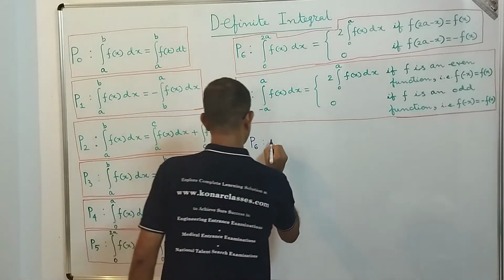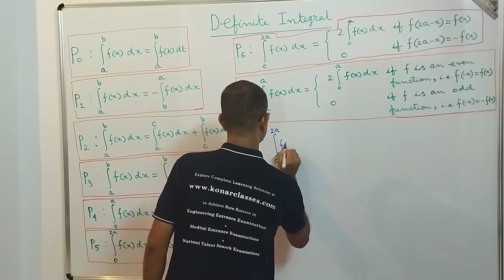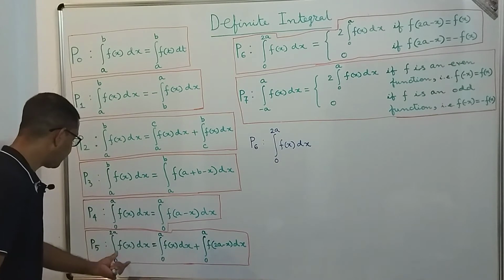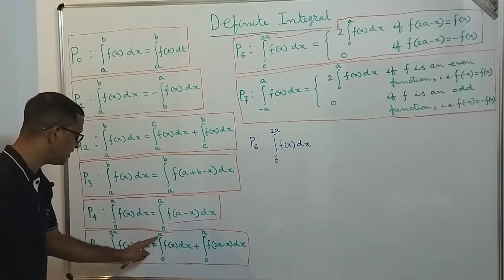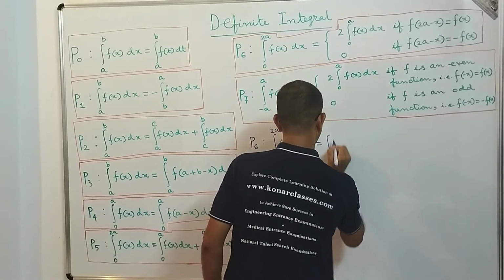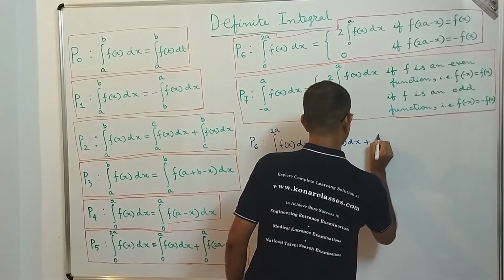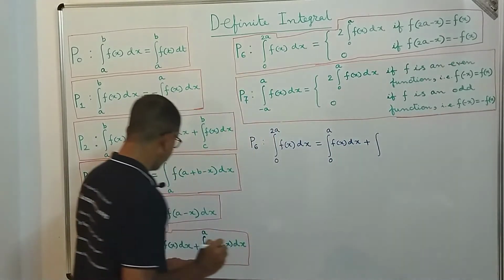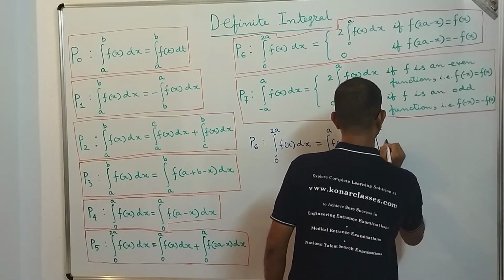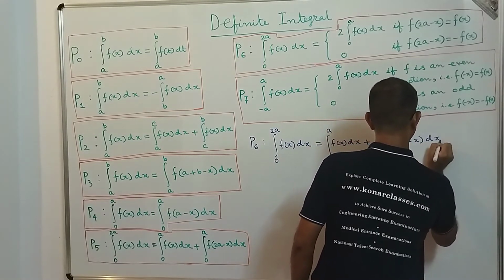What is this? Integration 0 to 2a f(x) dx. According to property P5, it is integration 0 to a f(x) dx plus integration 0 to a f of 2a minus x dx.